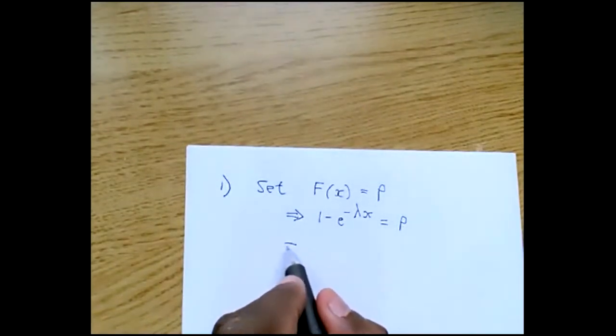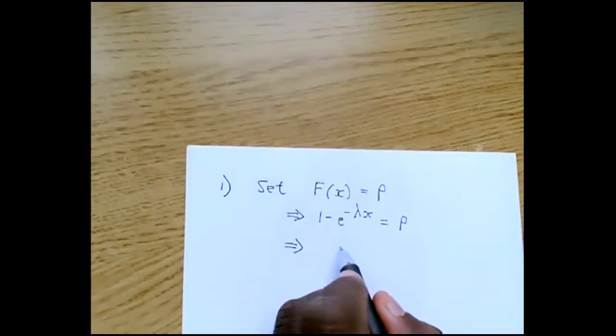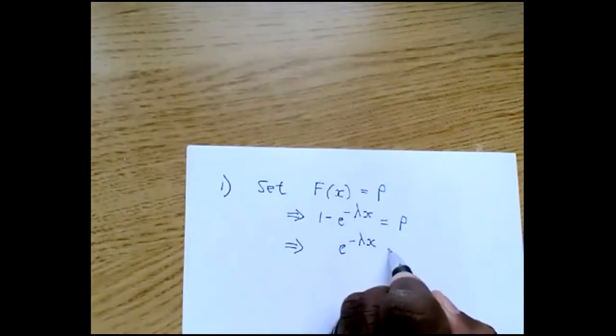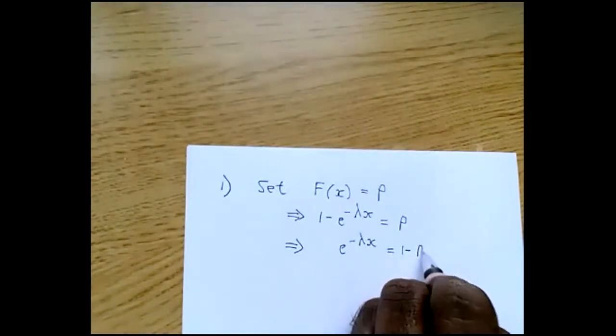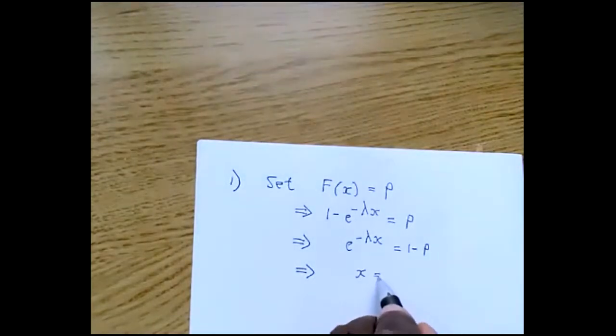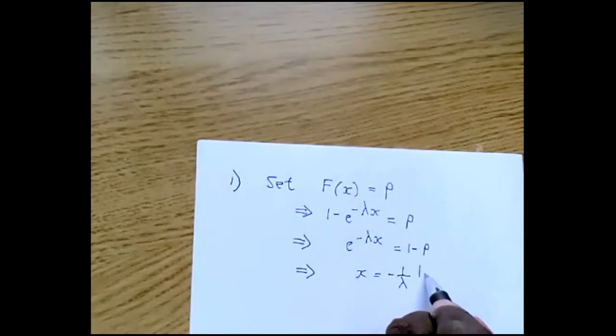This implies that, and you should take the log, you get x equal to minus 1 over lambda times log of 1 minus p.